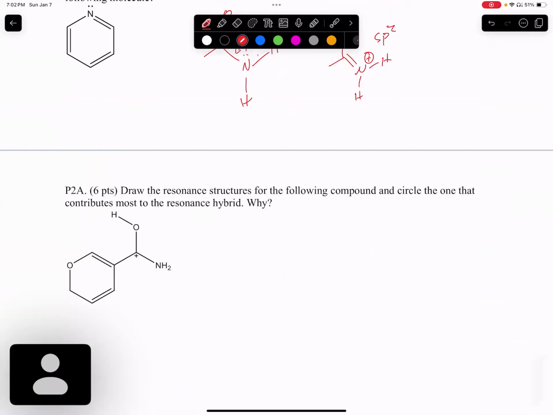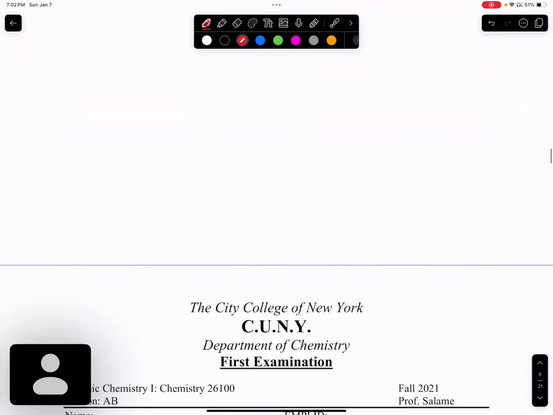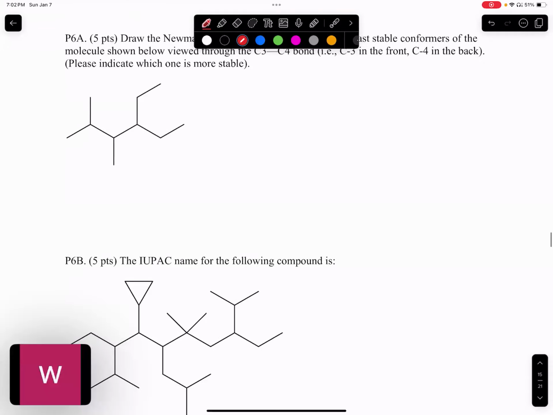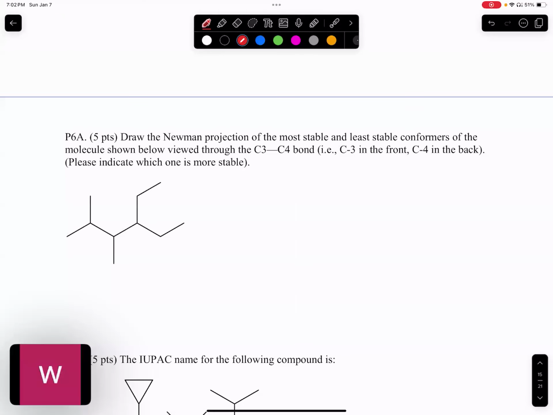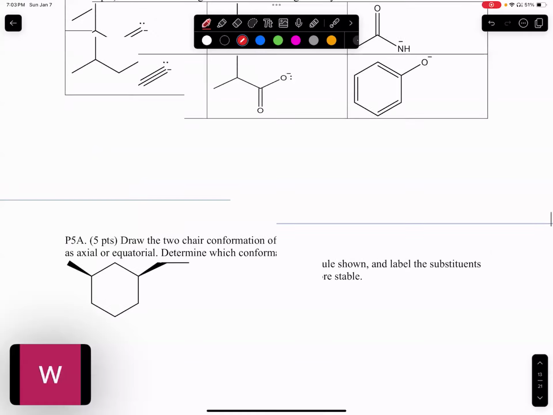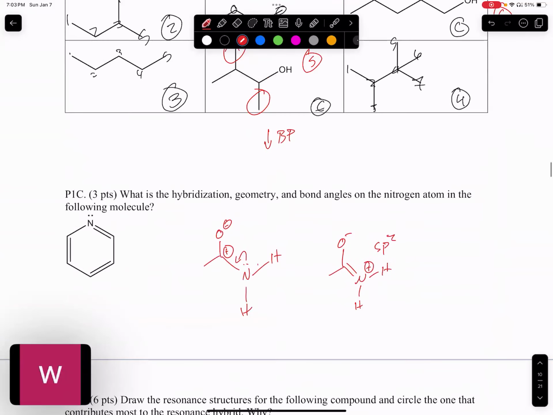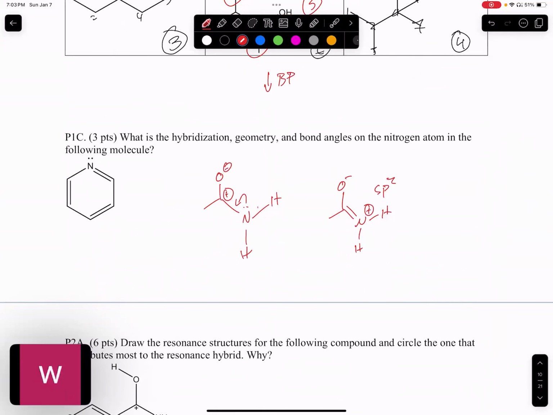How about let's do an example. Here, let me see if they have a question. In that question, what does it mean by geometry? Whether it's trigonal planar or trigonal bipyramidal or whatever. Okay, thank you.